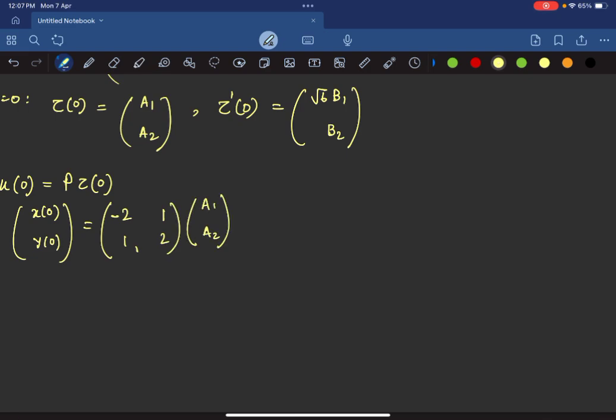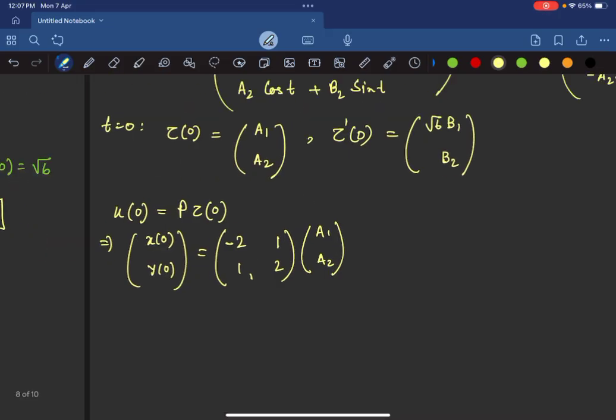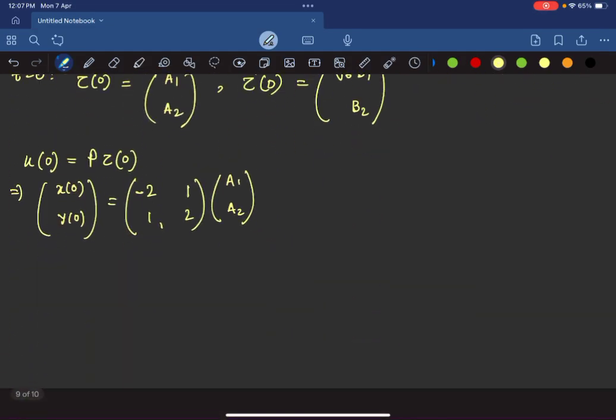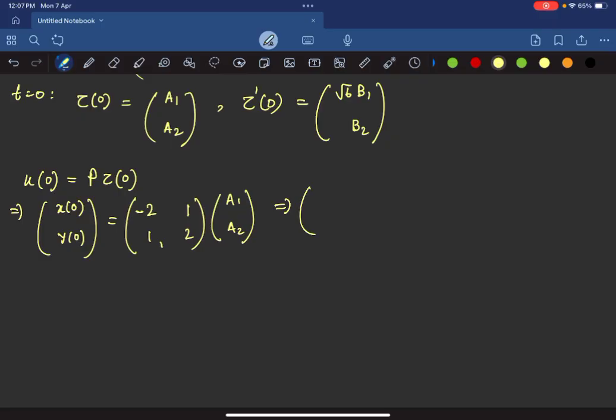The values of X0 and Y0 are given in the question. X0 value is 1, Y0 value is 2. So you can apply these values. It is 1 2 here, to the multiplication, 2A1 plus A2, similarly A1 plus 2A2.